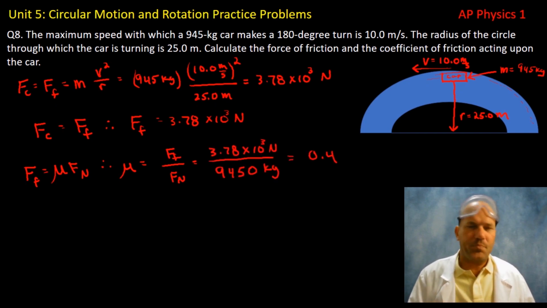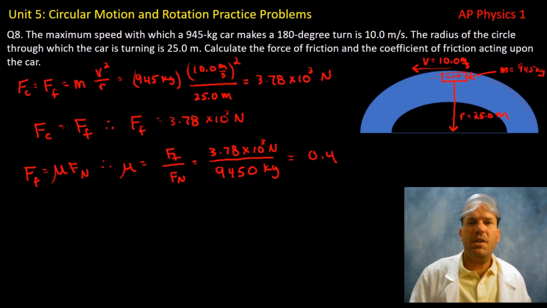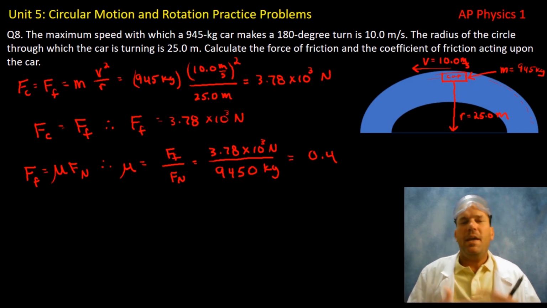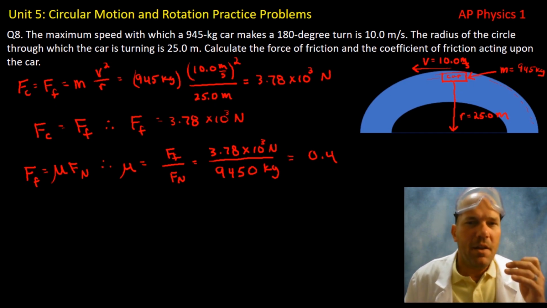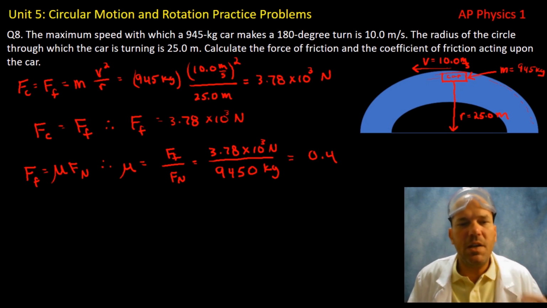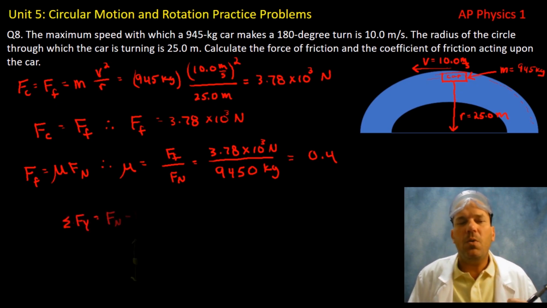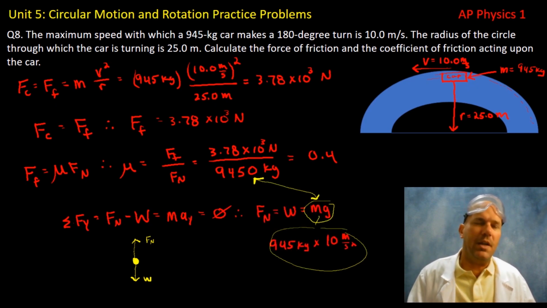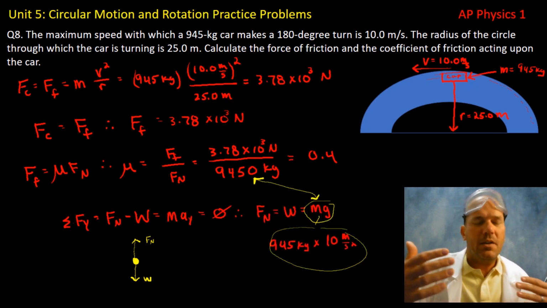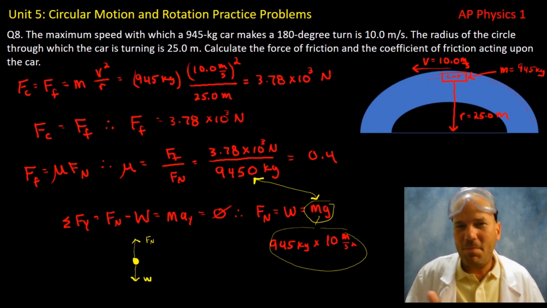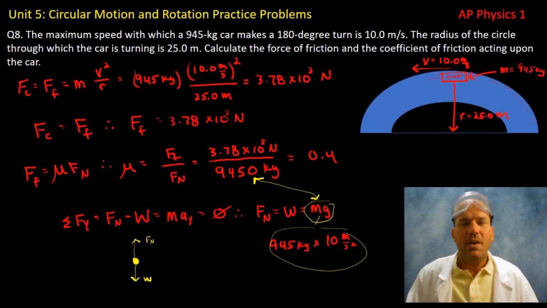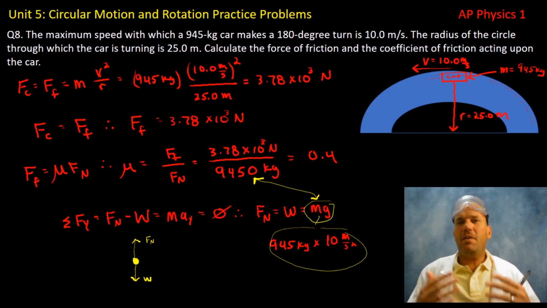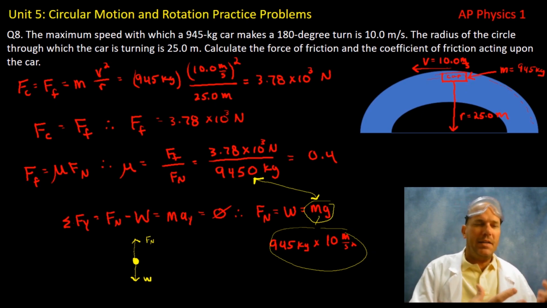And lastly, we're asked to calculate mu. Well, we know the force of friction, and we're going to divide that by force normal. And here we have a 945 kilogram vehicle, and from our summation vertically, we know that the force normal is equal in magnitude, opposite in direction to the weight, or the force of gravity acting on this vehicle.